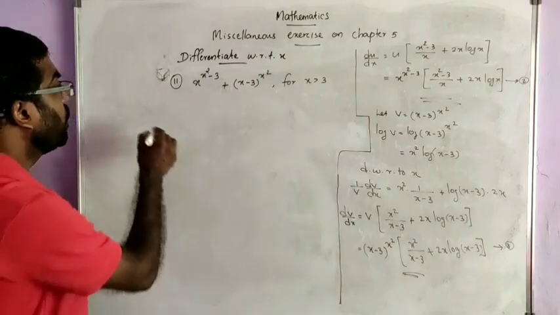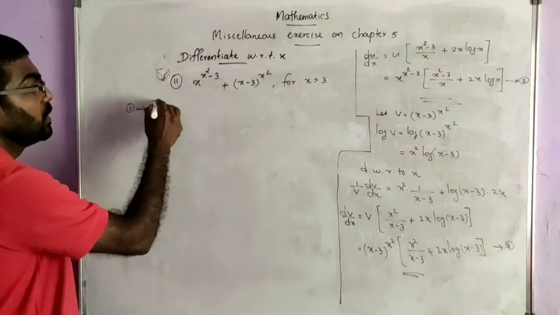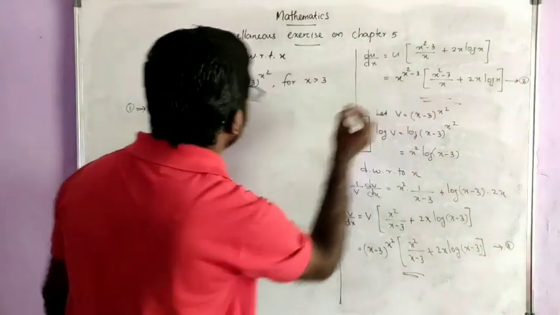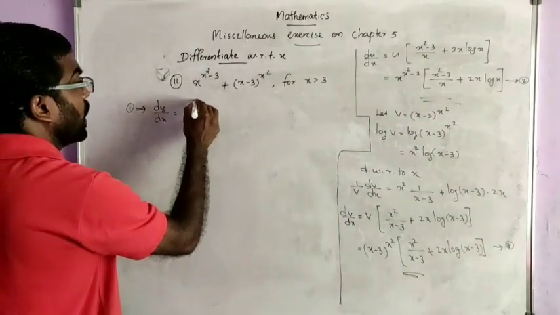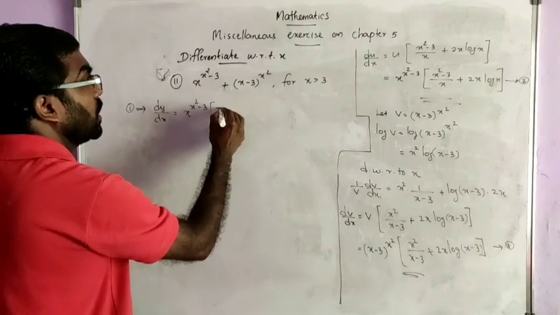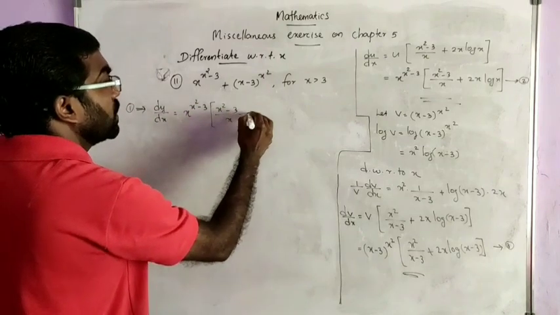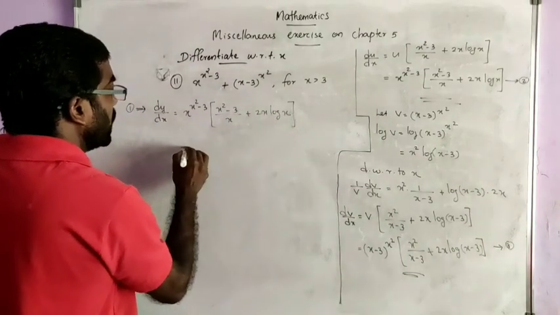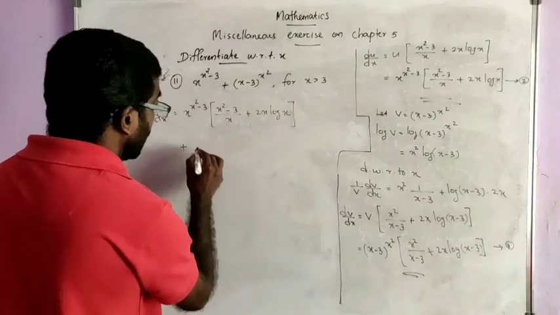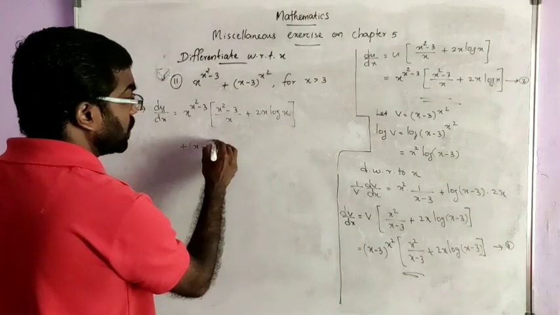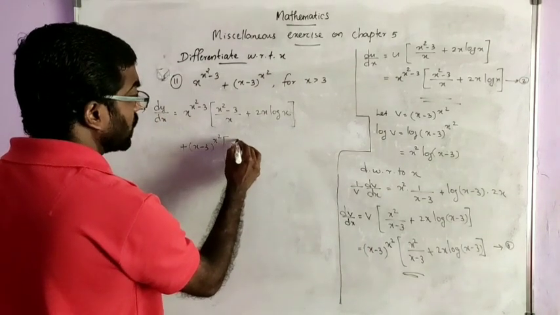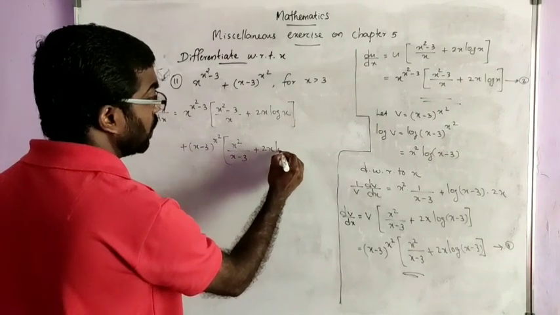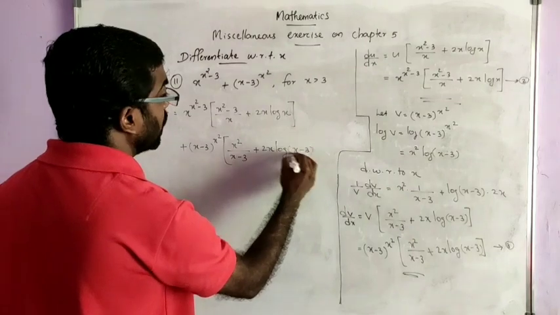So equation 1 implies dy by dx is equal to, first du by dx, that is x raised to (x square minus 3) into [(x square minus 3) divided by x, then plus 2x log x]. Okay, then plus dv by dx, it's (x minus 3) the whole raised to x square into [x square by (x minus 3), then plus 2x into log(x minus 3)].